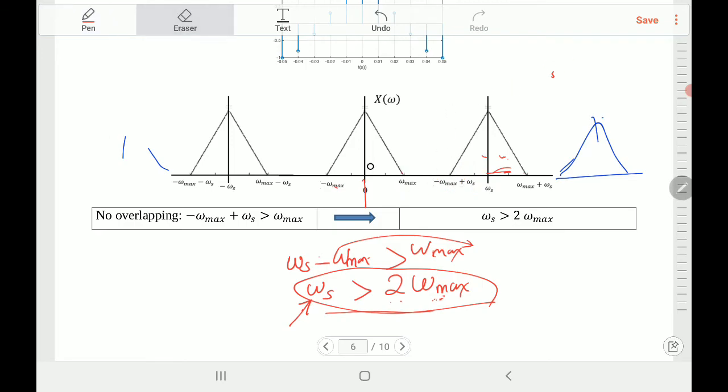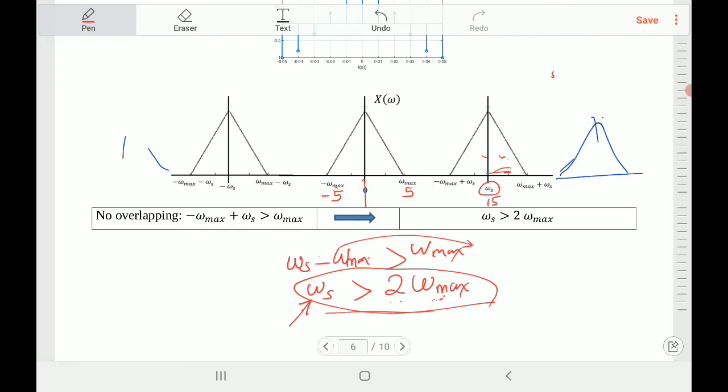Let's say that the maximum frequency here in the original signal was 5. So that would be minus 5. Now, let's say that omega s is 15. It means you're making switching equal to 15. So let's say you are doing the right thing.